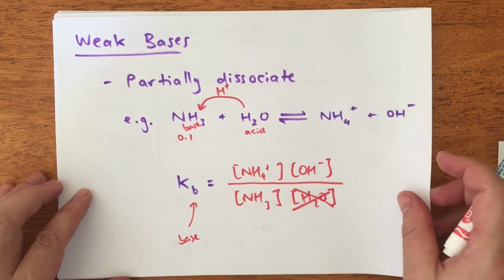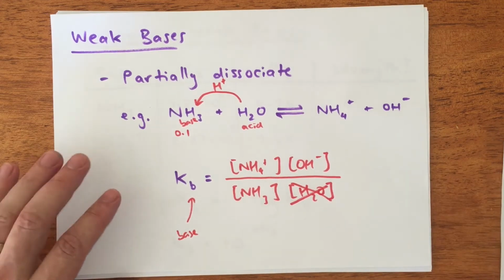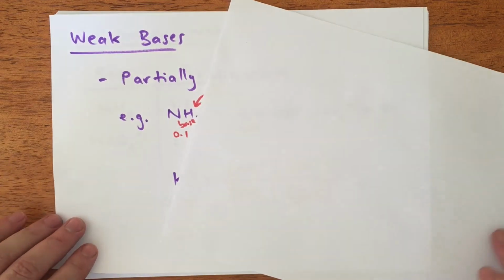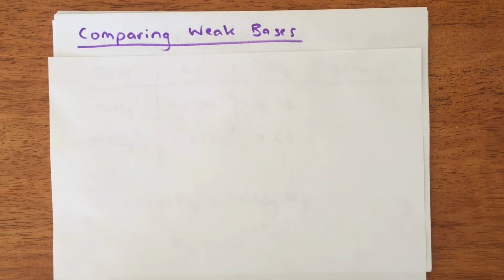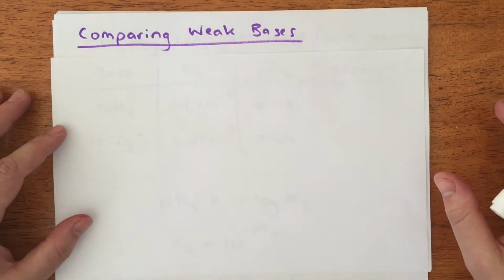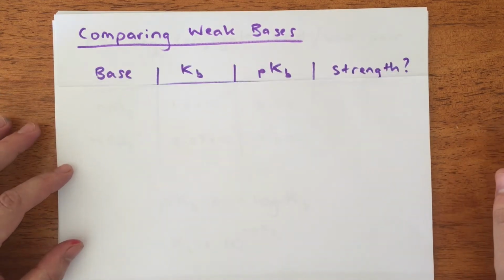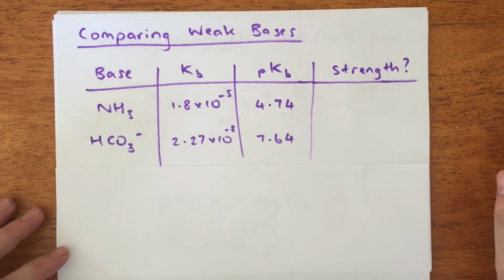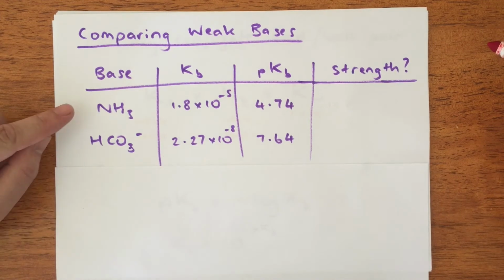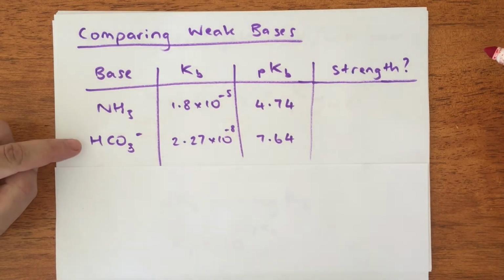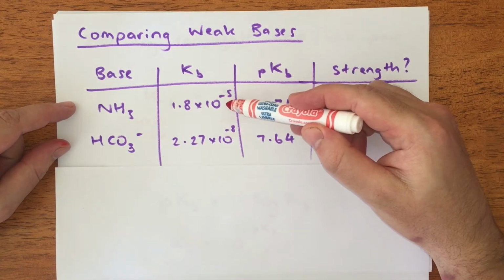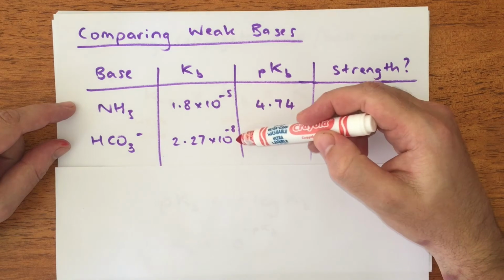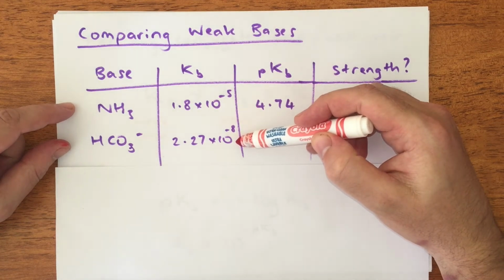We can again compare the Kb values for various weak bases to show how strong each weak base is. So again, here's a table that we'll talk to. I've got two bases, NH3 ammonia and HCO3 minus hydrogen carbonate ion. They've both got Kb values, 1.8 times 10 to the minus 5, 2.27 times 10 to the minus 8.